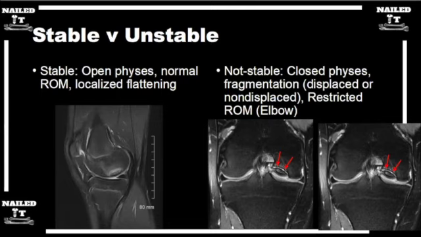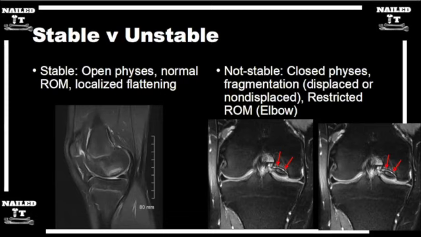Right. So just to summarize, for our unstable lesions, on MRI you may see fluid that goes underneath that lesion, it may be fragmented, or you may see a flap. And I know you mentioned earlier the fact that our patient's physes may be closed because he's 18. What role does that play regarding stable versus unstable lesions if the physis is open or closed?